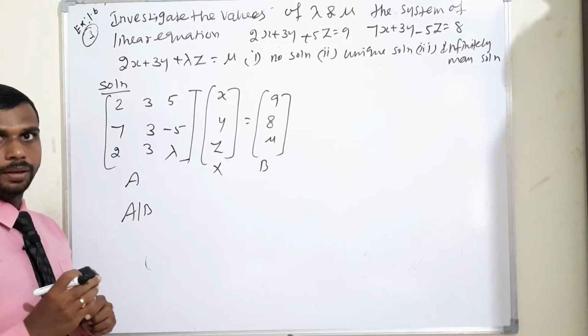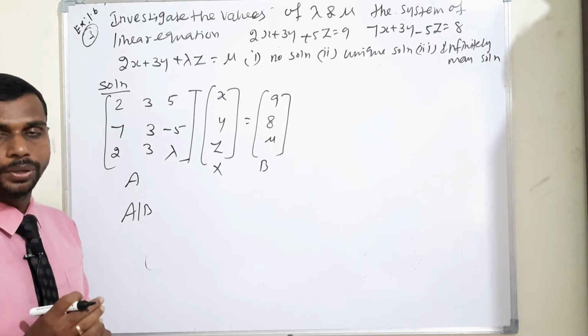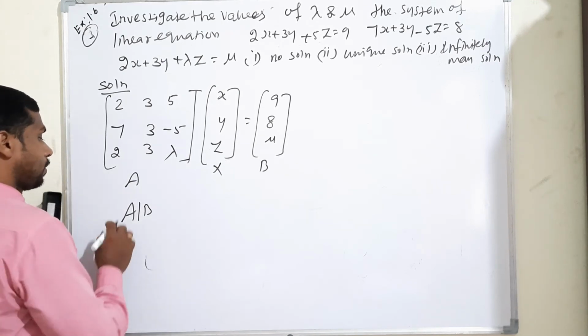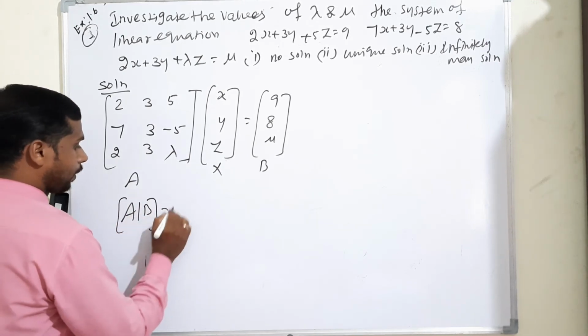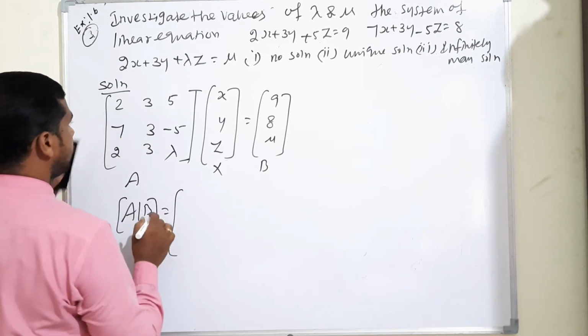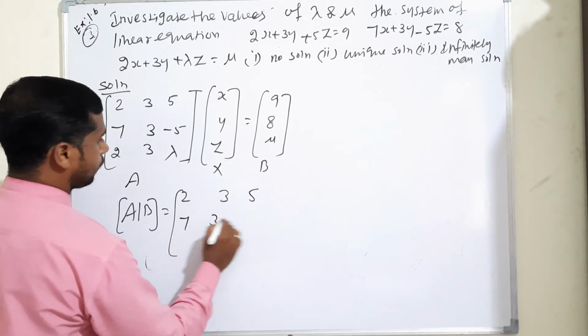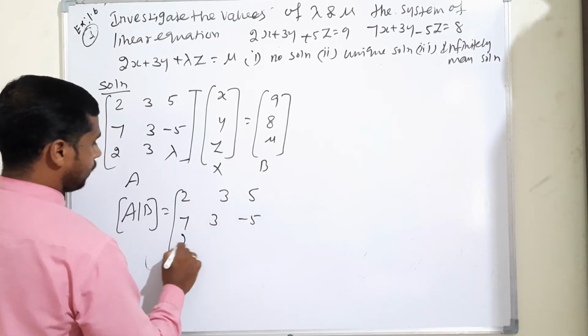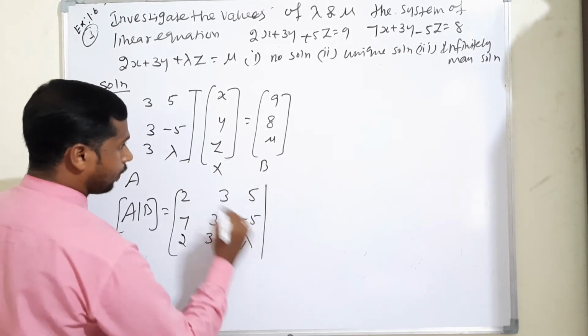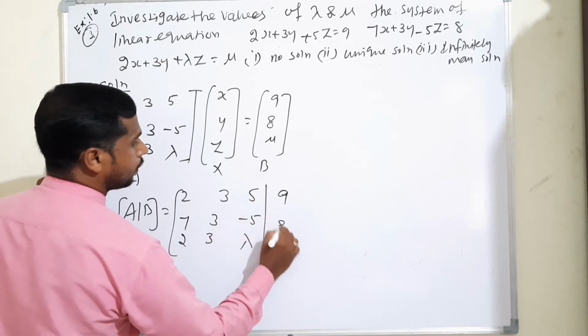Whenever you say augmented matrix, it means we reduce it to row echelon form. So row echelon form means reducing the augmented matrix with b. What is the augmented form? 2 3 5, then 7 3 minus 5, then 2 3 lambda, and 9 8 mu.